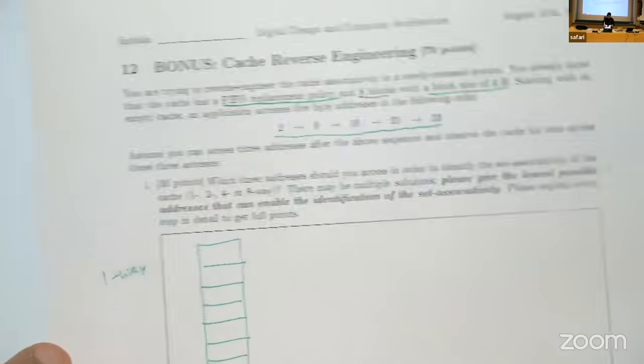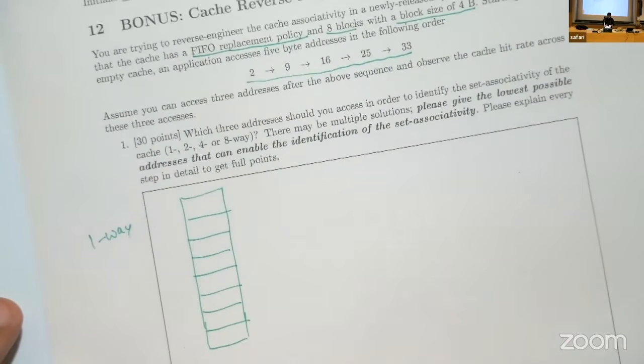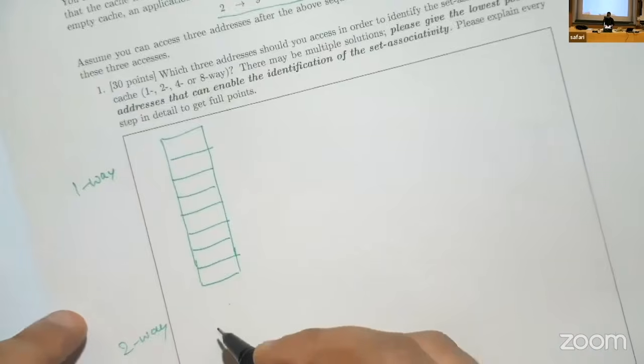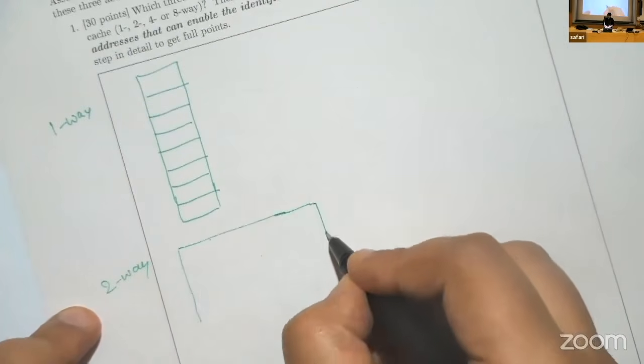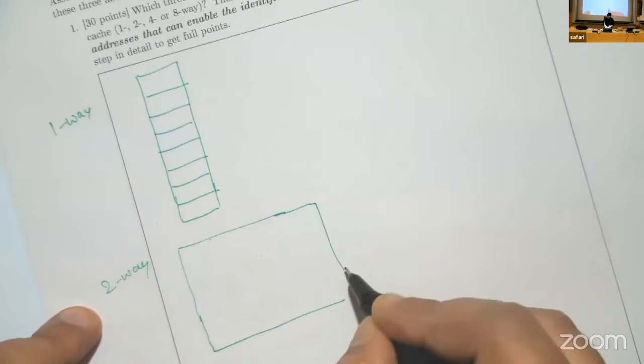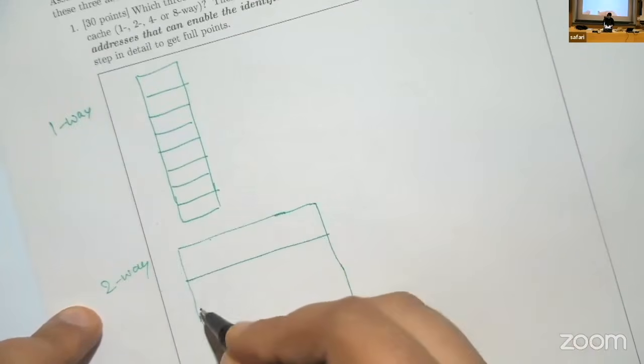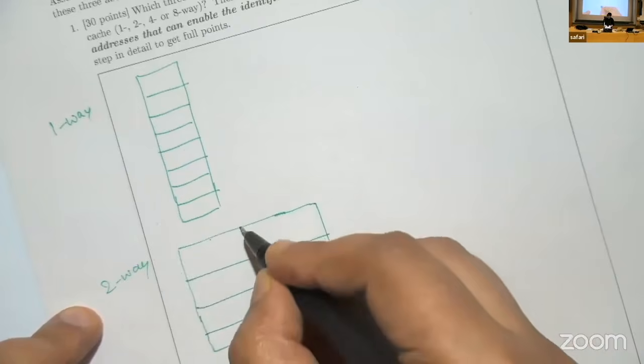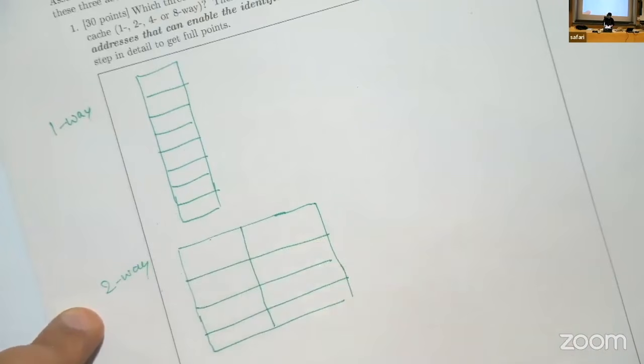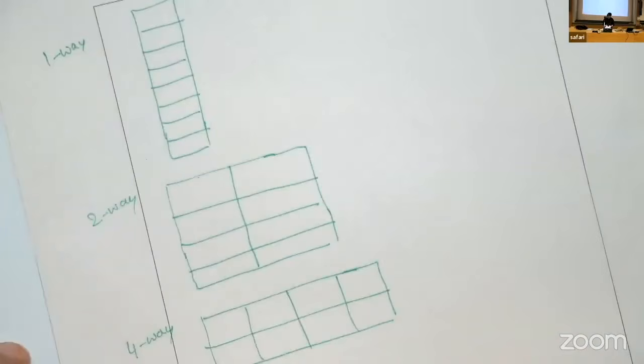Then I'll also have 2-way, and then 4-way, and finally the 8-way associativity.